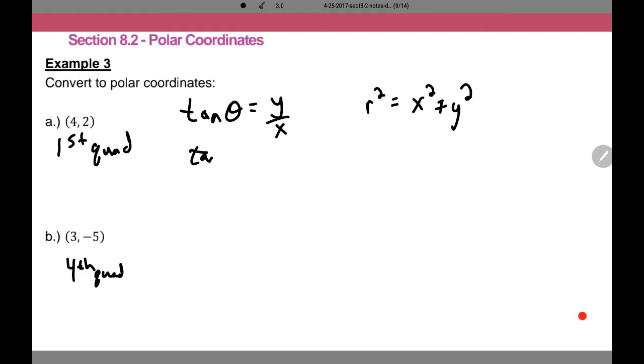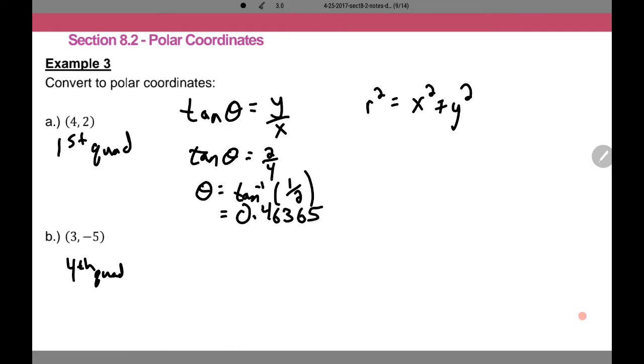So tangent of theta is equal to 2 over 4, and then theta is equal to the inverse tangent of 2 over 4, or 1/2. That gives us theta being 0.46365, roughly, if you round.